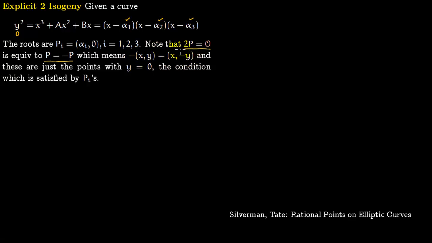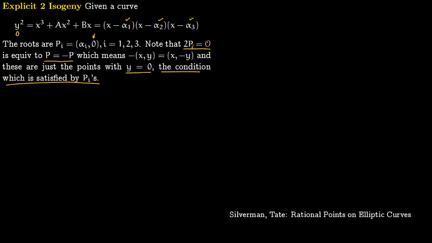If this holds, then the only points where it holds are precisely where y is 0. You can see y is 0 for the roots, so for the roots we have the condition that 2P is our special point, or 0 on the curve. So the condition is satisfied by our roots.